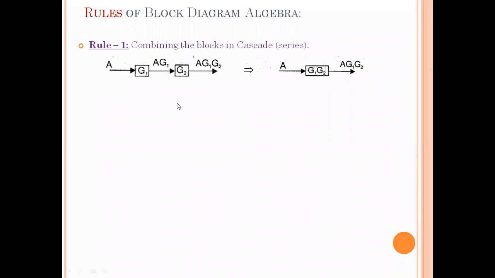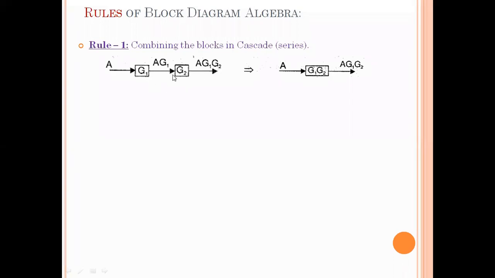In between the input and output, you can change the entire block diagram, you can reduce it, you can simplify it, whatever you do. But the input and output should not be affected. Okay, so now you can see here, I have an input of A. Input strength is A and the output is A into G1 into G2.